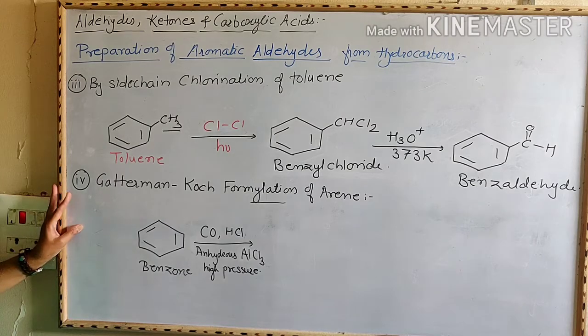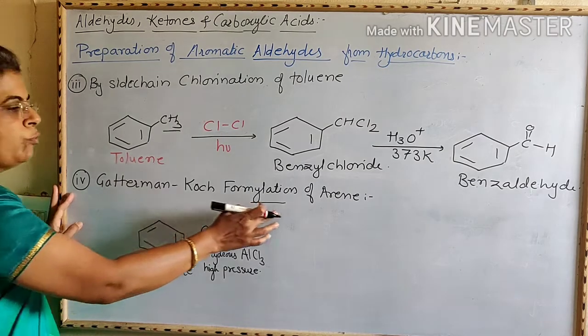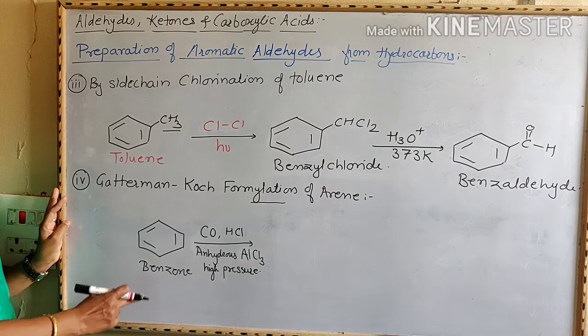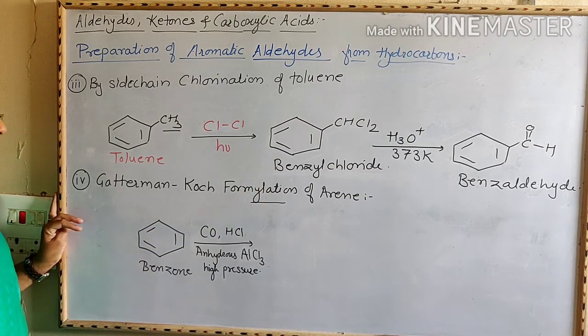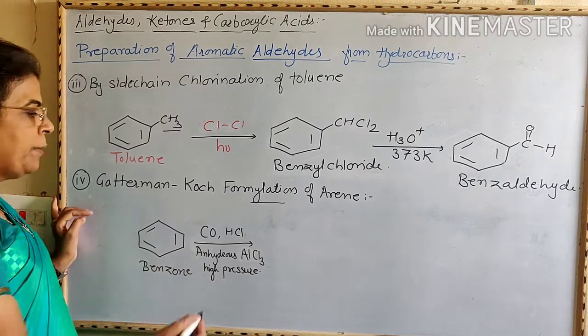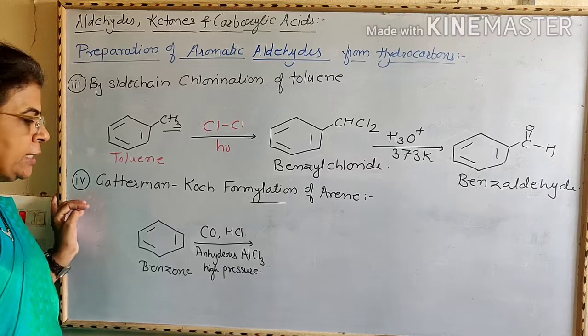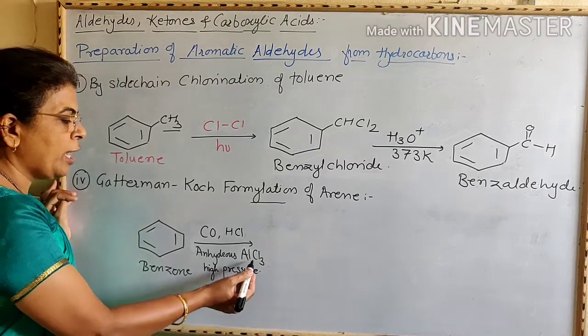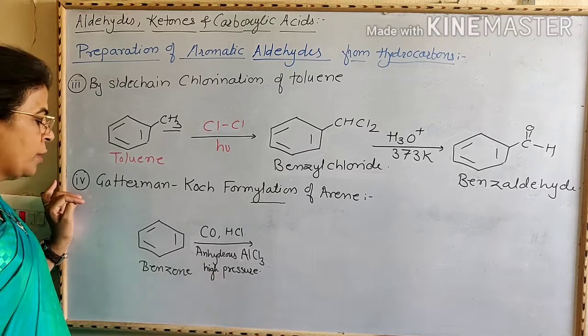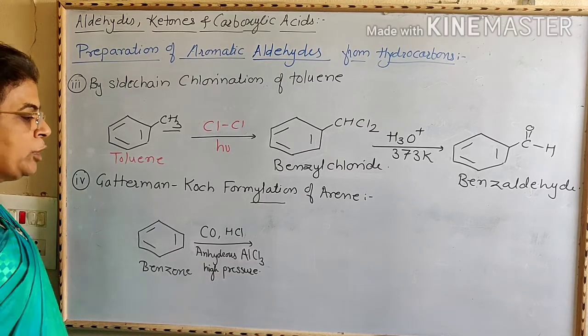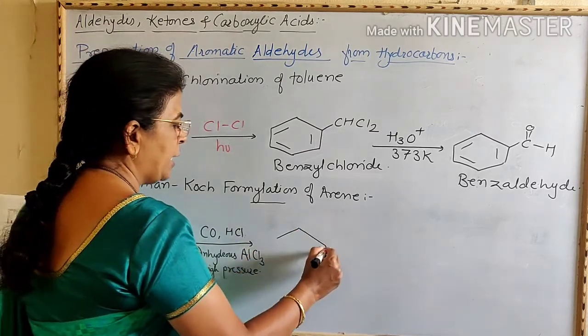Then the fourth method, Gattermann-Koch formylation of benzene or arenes. Now when this benzene is treated with carbon monoxide in presence of hydrochloric acid, that is HCl, and anhydrous aluminum chloride under high pressure, this benzene undergoes formylation to form benzaldehyde.